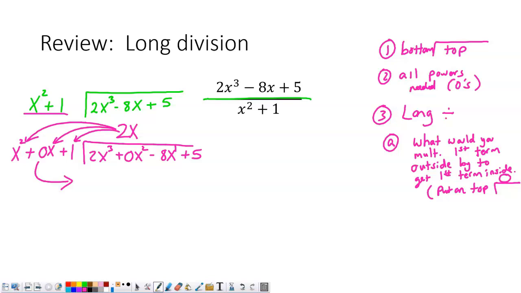So 2x times x squared gives me 2x cubed. It should match because that's what we wanted to happen. Then 2x times 0x. Well, 2 times 0 is 0, and x times x is x squared. So I end up with a 0x squared term there. And then 2x times 1 is 2x.